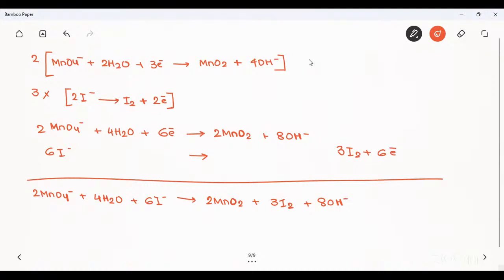So this equation is balanced. Okay, so this is our final balanced equation.